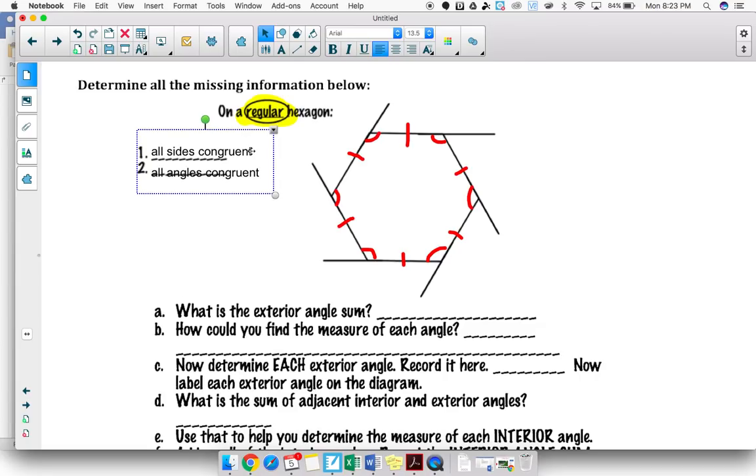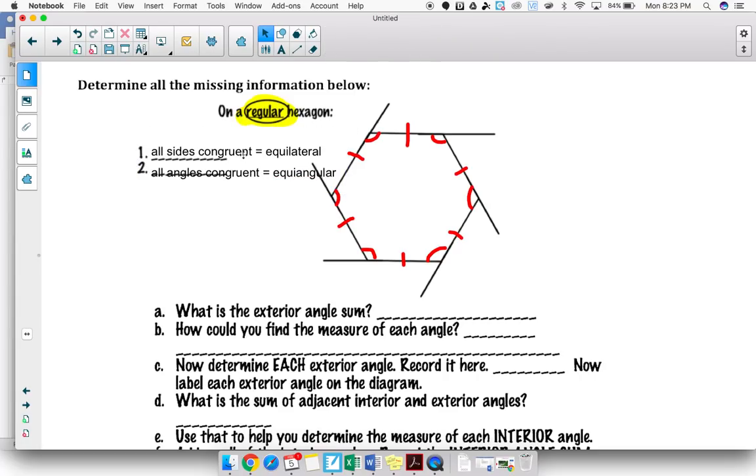All sides congruent, we've seen this word before. That's equilateral. And all angles congruent, that's called equiangular. So once you see those 2 properties true, you can just say the shape is regular. It's literally the same meaning.